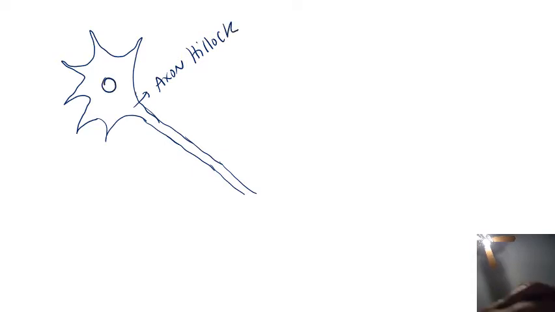So the basic structure of a neuron is the cell body from which one or many dendrites come about, the axon hillock, which is the place where the body and the axon meet, and it is the area where the action potential starts.